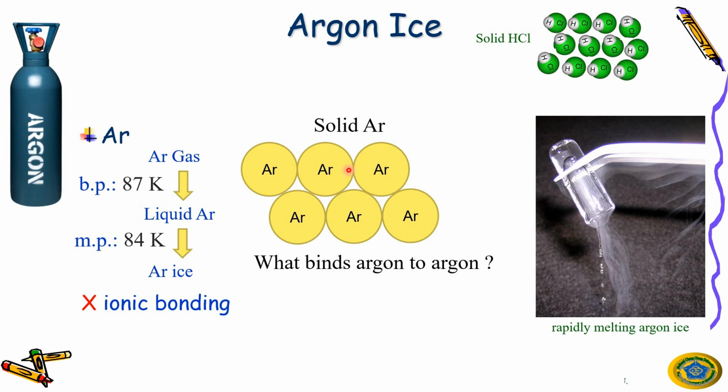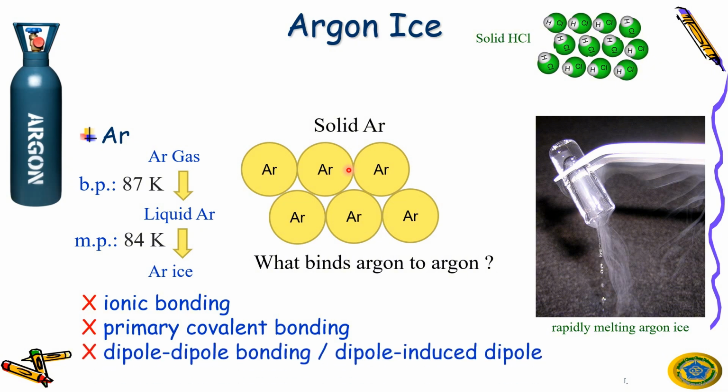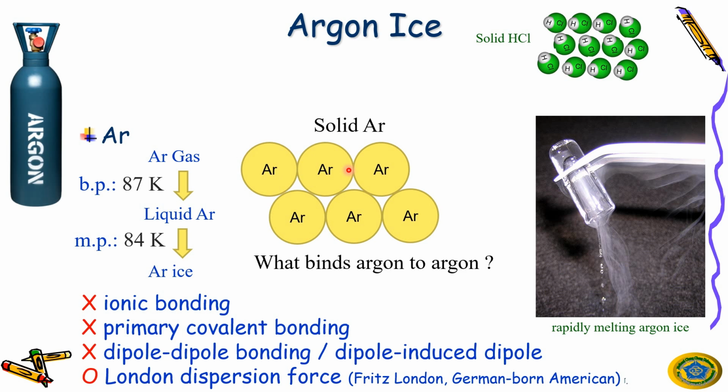So it's not an ionic bond. It's not a chemical bond anyway. It's not a primary covalent bonding. It's not a secondary bonding of what we just learned, dipole-dipole interaction or dipole-induced dipole interaction. And there's a gentleman, a scientist, a German-born American, Fritz London.